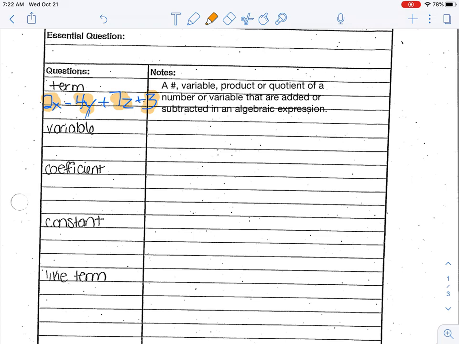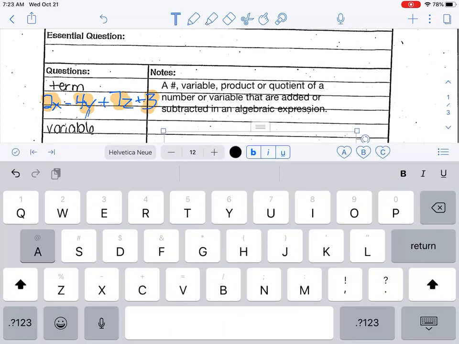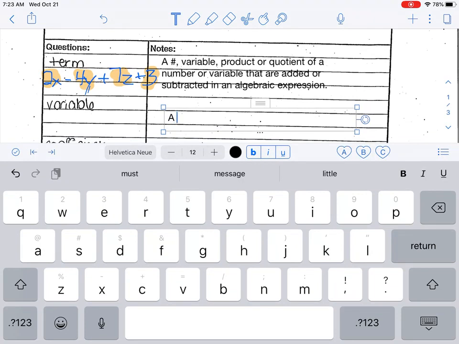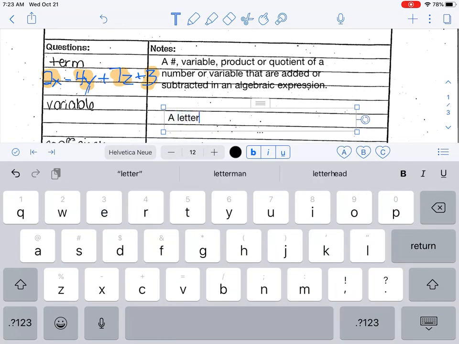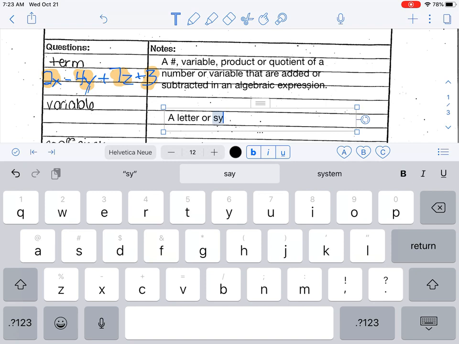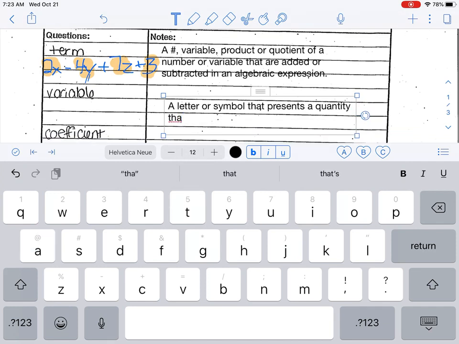A variable is a letter or symbol that represents a quantity that can change.